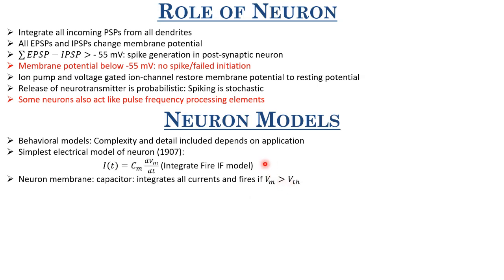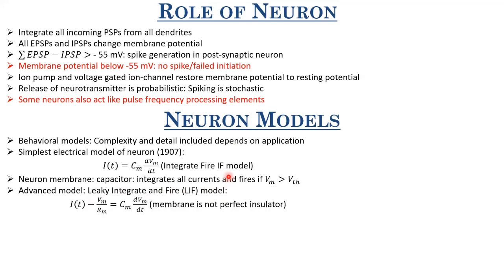Another model, one level up, also takes into account the leakage due to the drift of ions in your membrane, considering that the membrane is not a perfect insulator, but there are ways in which ions can move out of it. That is called the leaky integrate-and-fire model. There they include a leaky term, which is minus Vm by Rm, with Rm representing the resistance of the paths from which the ions can leak.